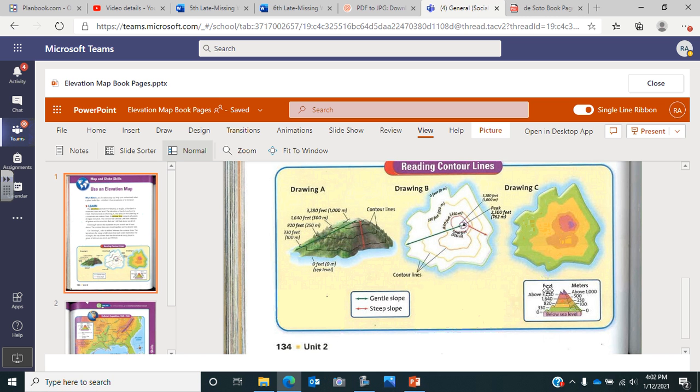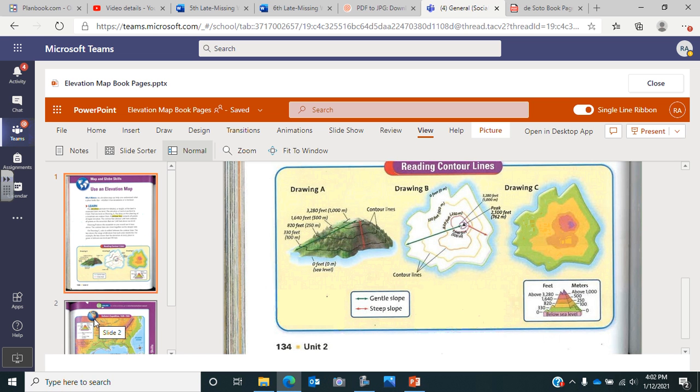So these numbers here are in feet, and these numbers here are in meters. So we're going to talk about the feet, since that is what we're most familiar with. So if you look, the yellow color, all of these places are between 330 feet above sea level and 820, and it keeps going up from there, looking at our map key.